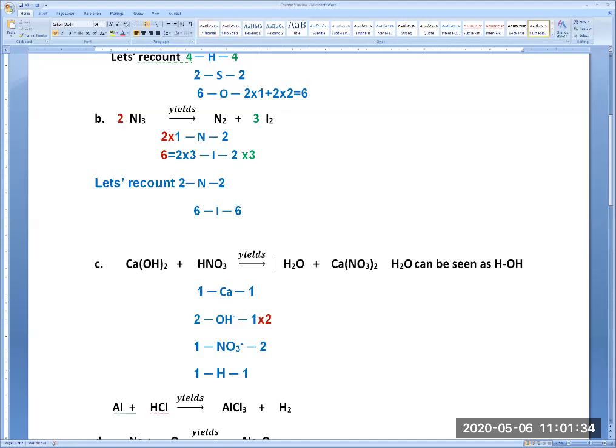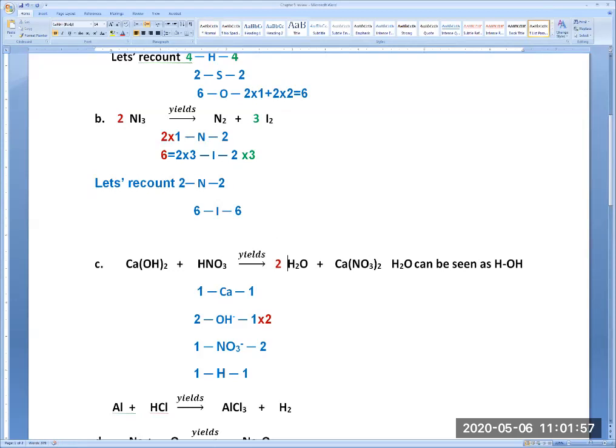So the 2 here will have to go in front of water. And by the way, we call them coefficients. So that's the coefficient of 2 here in front of water. And that allows us to say that there is 2 OH now in the right side. And that didn't change the left side.